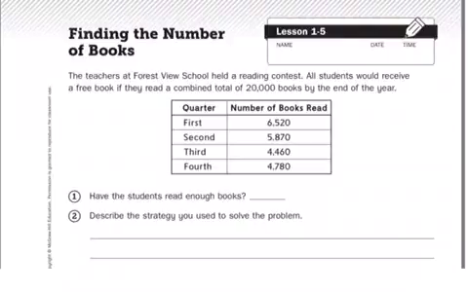So hopefully you have paused and solved. So let's talk about this. Have the students read enough books? I hope that we could all agree that the answer is yes. They definitely have read enough books. Now, we may have come up with different ways of solving that, and that's a-okay. There are several different estimation strategies, and we're going to discuss them today.